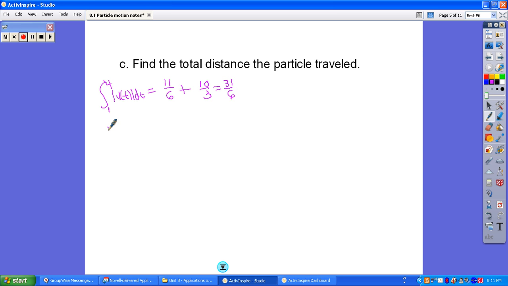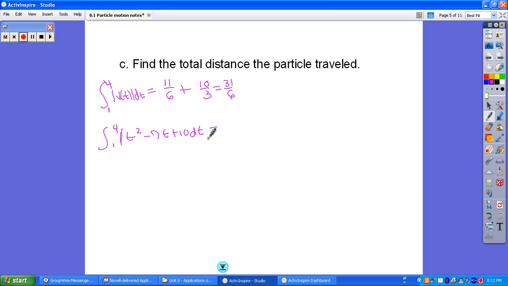Or we can also do this in our calculator. If we didn't calculate the subintervals and it's not easy to do, we could do the integral from 1 to 4 of the absolute value of the function. And if you put that in your calculator, you should get the same thing. But make sure that you put the absolute value around it. So I forgot the absolute value here.